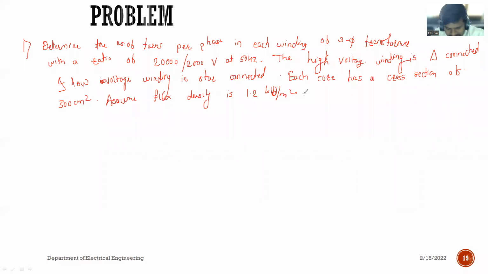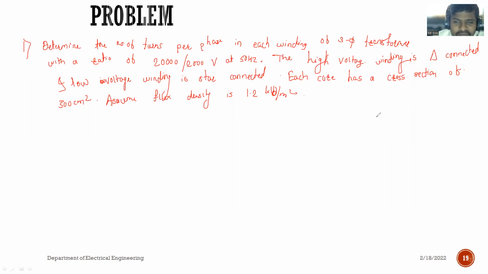The high voltage winding is delta connected and the low voltage winding is star connected. So the connection is also given: delta connected primary, or high voltage winding, and star connected low voltage winding.